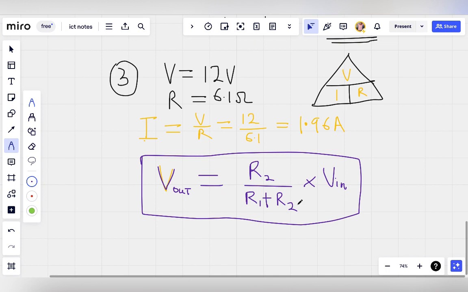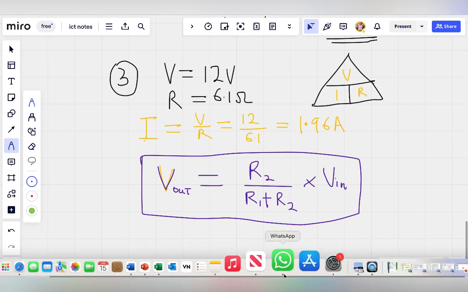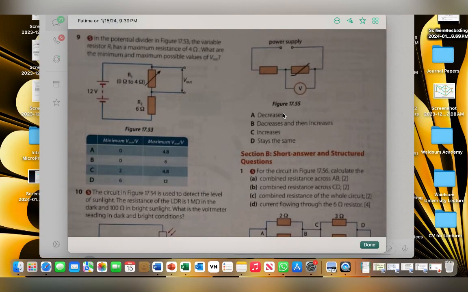If we want to find the output voltage across here, this is R1, this is R2. It is the value of this one over the sum of the values, times the input voltage, which is 12. So 6 over 6 plus 4.